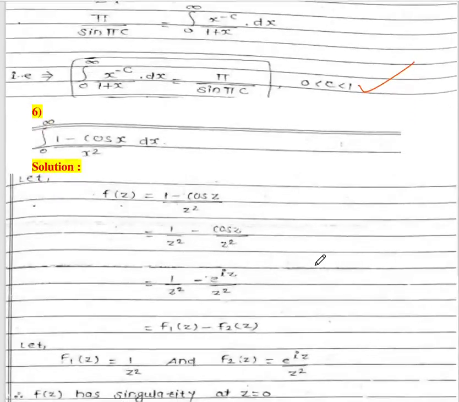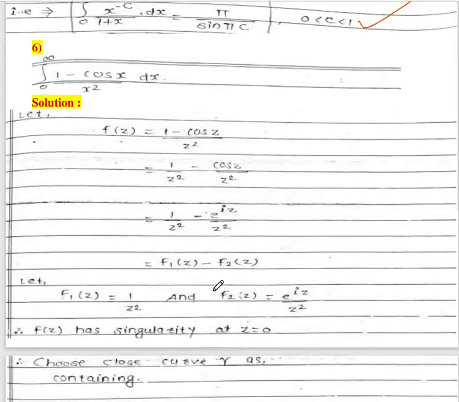This can be written as 1 upon z square minus cos z upon z square, where cos z is the real part of e raised to power i z. So we get f1 of z minus f2 of z, where f1 of z is 1 upon z square and f2 of z is e raised to power i z divided by z square.